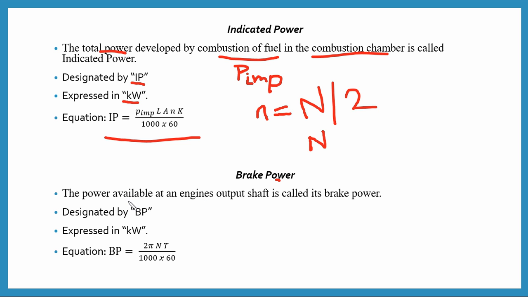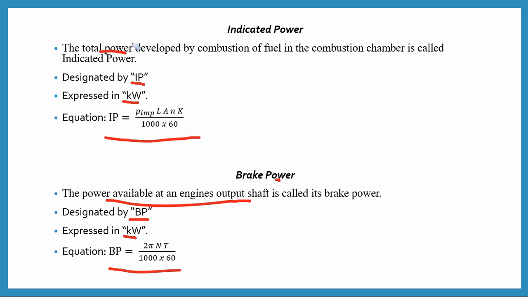This brake power is designated by capital BP and expressed in kilowatts, and the equation is BP equals 2 pi nT into 1000 divided by 1000 into 60, where n is the speed of the engine and T is the torque of the engine.